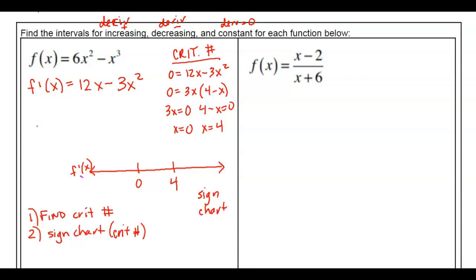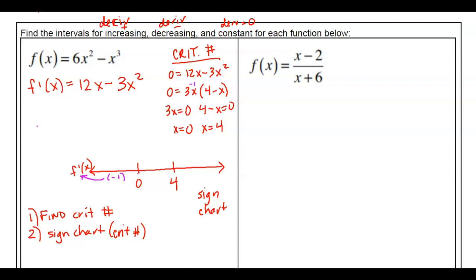You don't have to tell the reader, but I'm going to tell you, and I draw it in parentheses. I want to pick any number that's smaller than 0. So I'm just going to pick -1. And you'll be doing this by hand. I want to find what sign my derivative is, because this is a derivative sign chart. So you take that -1 and plug it into your derivative, but pick the easiest version because you don't care about the number, you just care about the sign.